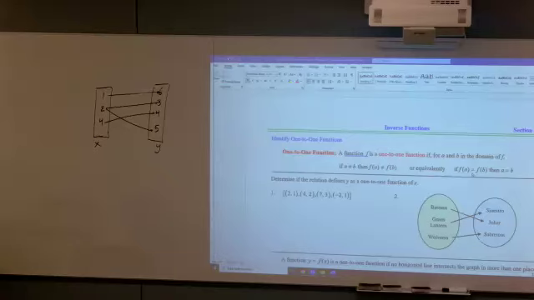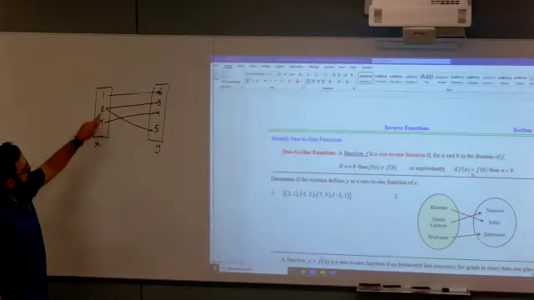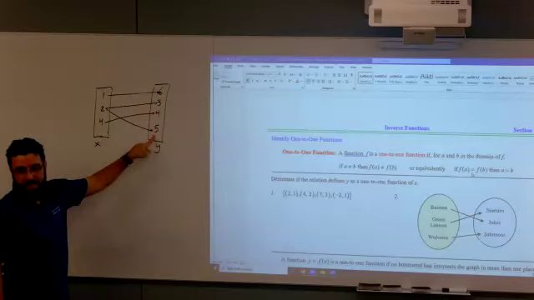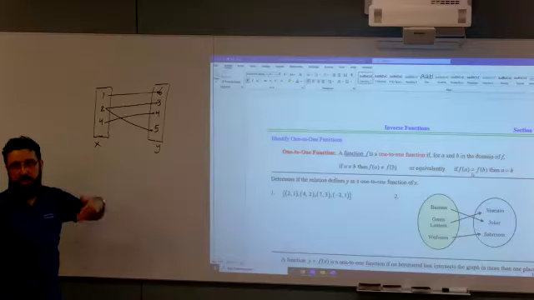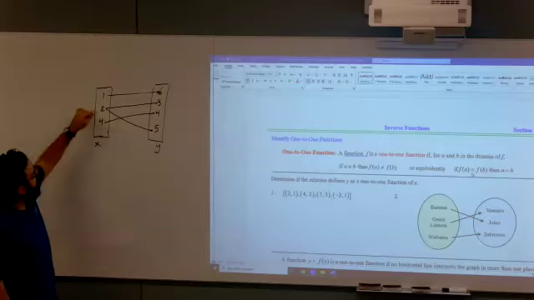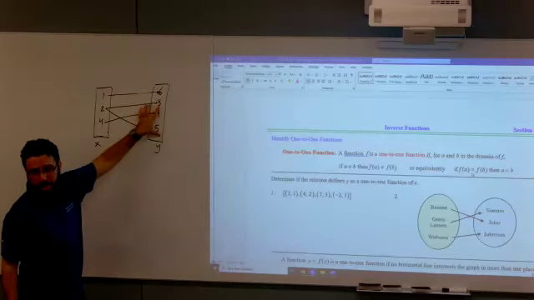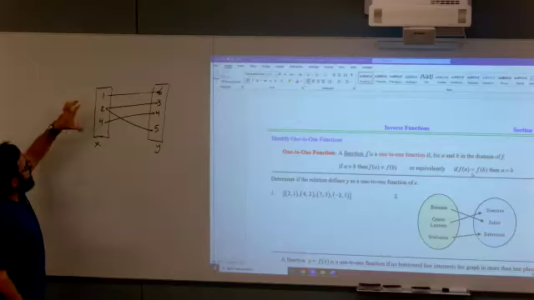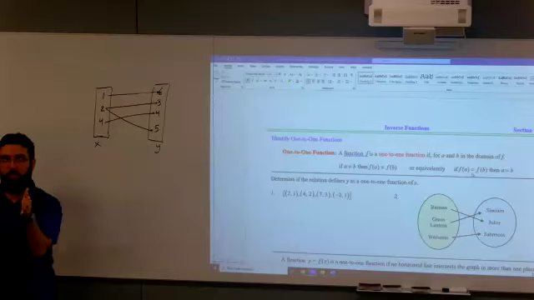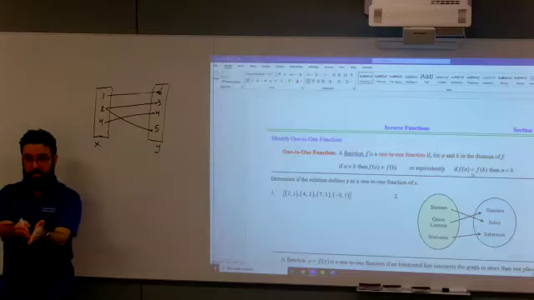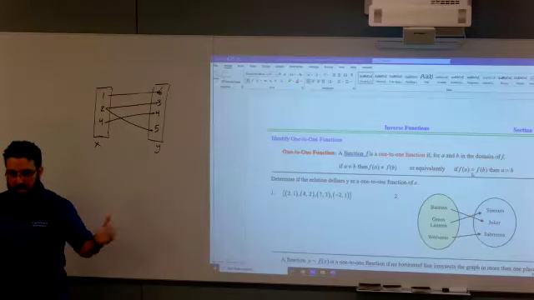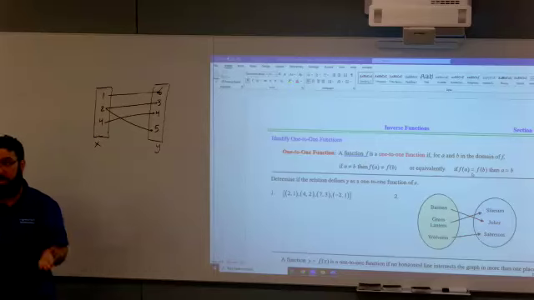So you can say, okay, this is a function. I have one person going to how many places? 2 places. That's the only condition that makes the relation not a function: when there's a person going to 2 places. Can you do that? No. Can 2 persons go into 1 place? Yes. 100 people go into the college, so it's fine.